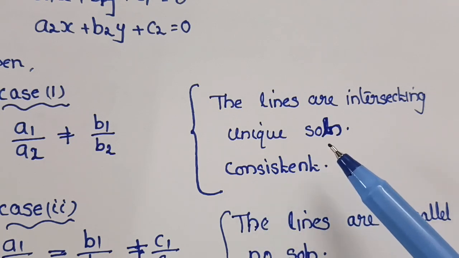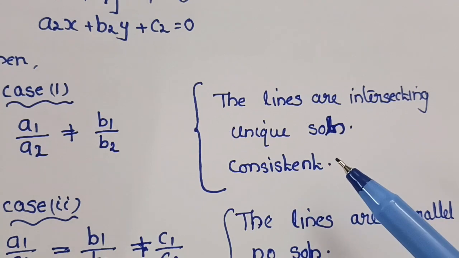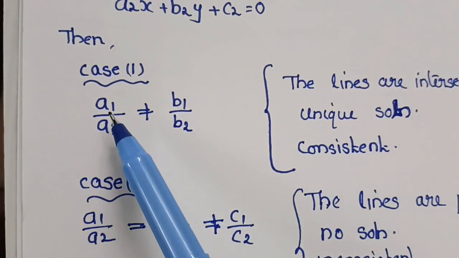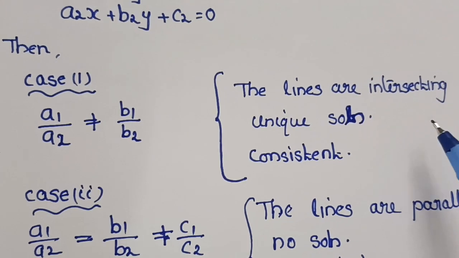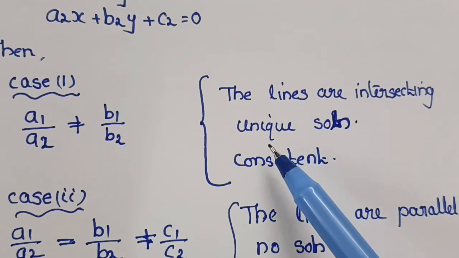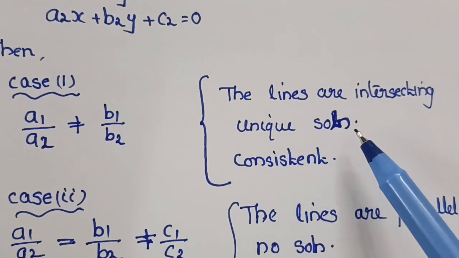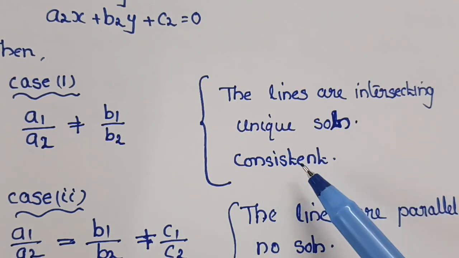Once again, case 1, a1 by a2 not equal to b1 by b2, then the graph of the lines are intersecting and there is a unique solution and the system is consistent.